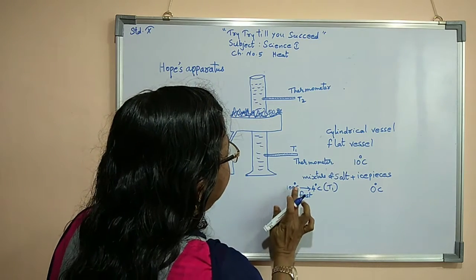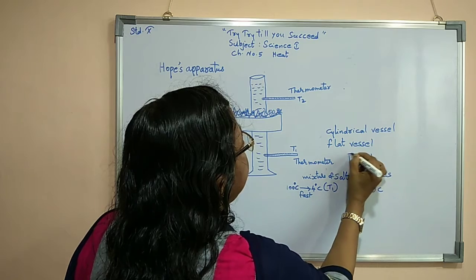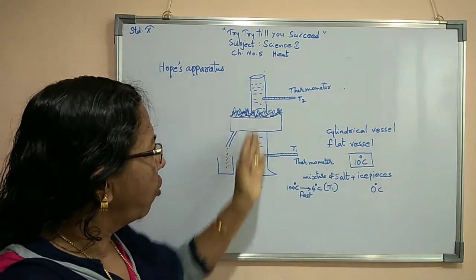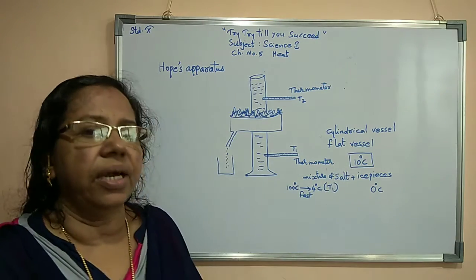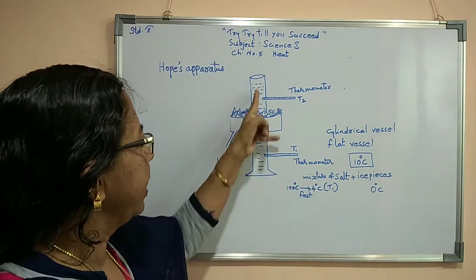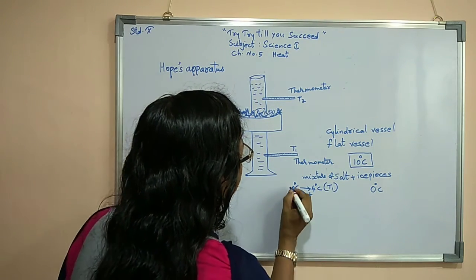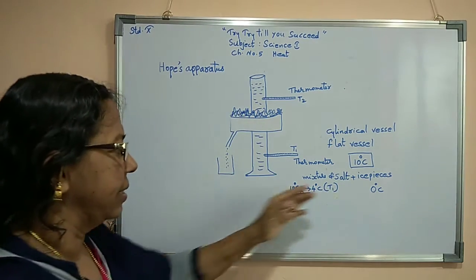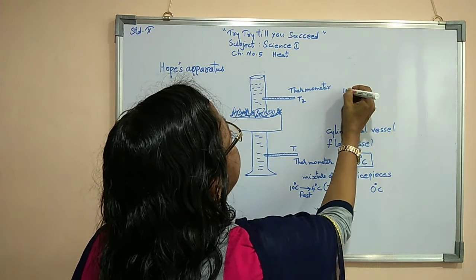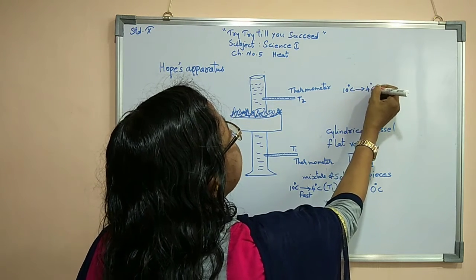What water did we keep? Only 10 degrees Celsius water. As per our wish we can keep any; for convenience I told you 10 degrees. If you keep 20 degrees Celsius water, that is also okay, no problem. But here I am taking 10 degrees. So I am removing the 100 degrees and writing 10 degrees to 4 degrees Celsius.